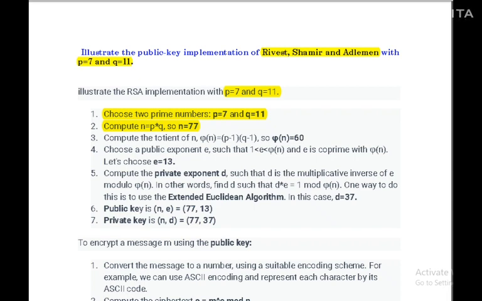And we have to calculate the quotient of this system, that is, 1 less than P and 1 less than Q multiplied together.